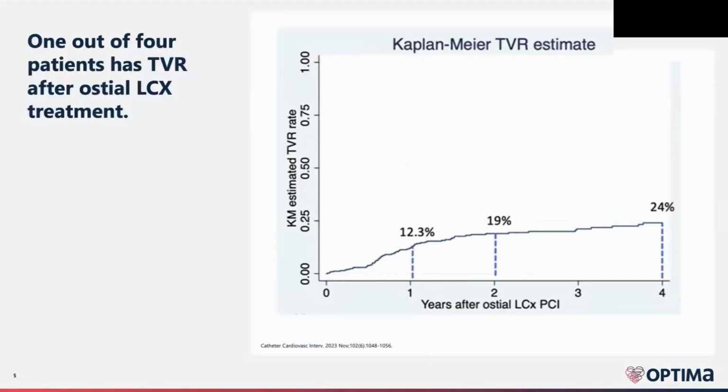Nevertheless, when we look at the ostium of the circumflex, this is the Achilles heel of left main PCI. You see here a series from Italy showing that 1 out of 4 patients come back for a TVR after treatment of the circumflex, and that can be either with crossover or with ostial stent.